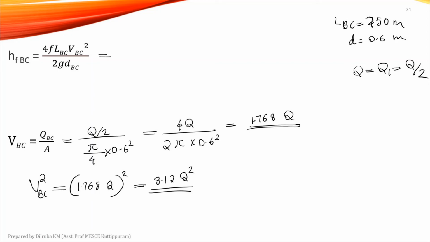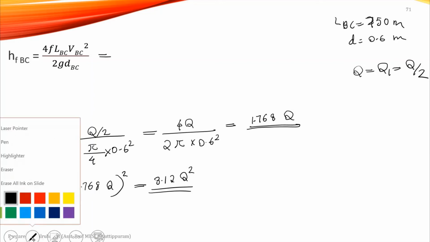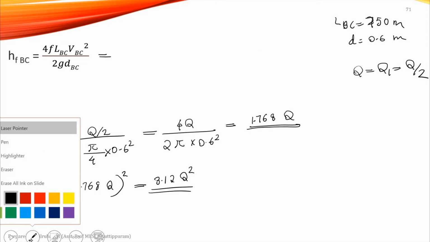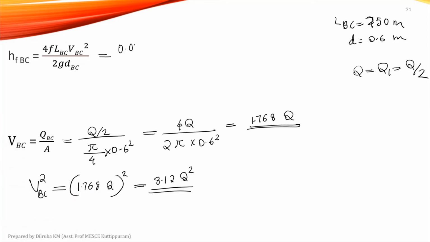Okay. So I'm substituting the value in the equation 4fLV square by 2gd. 4f is 0.04 into 750 into 3.12 Q square divided by 2 into 9.81 into d, which is 0.6.